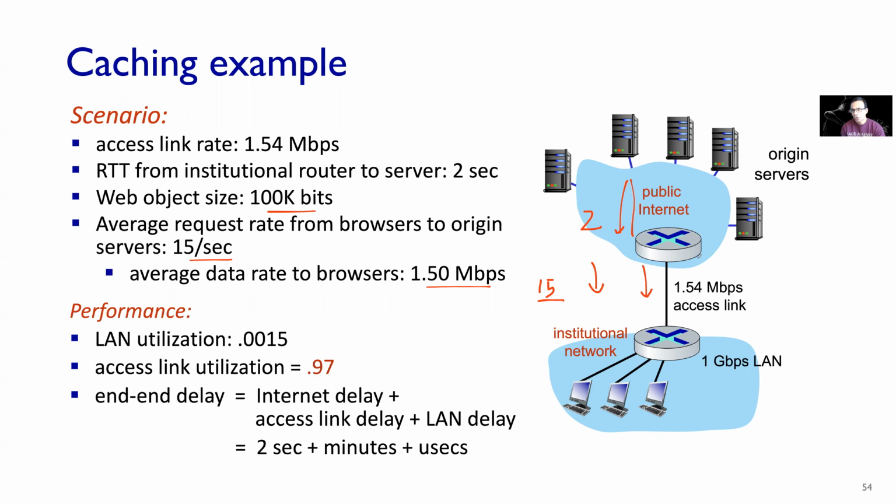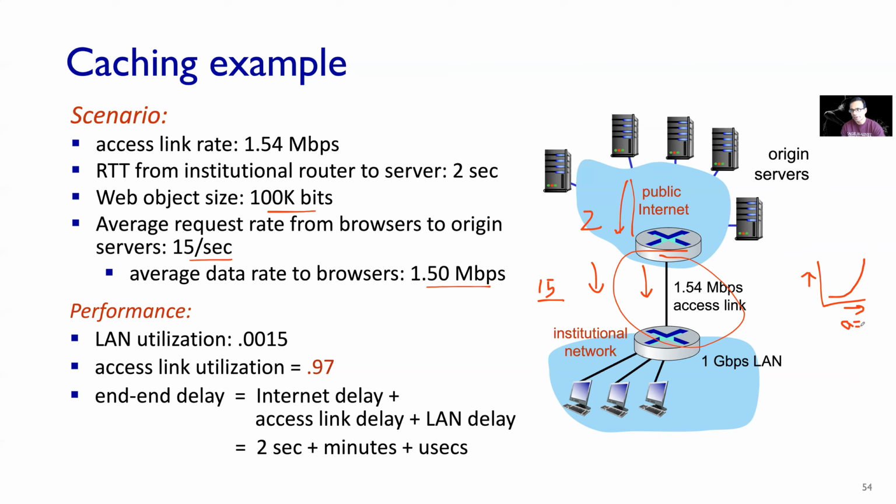So if you look at this network, we have a bit of a problem, right? Because the total incoming traffic here is 1.5 and the total capacity is 1.54. You may remember earlier I showed you that graph of queuing delays, right? So this was the queuing delay. This was the traffic intensity, if you recall.